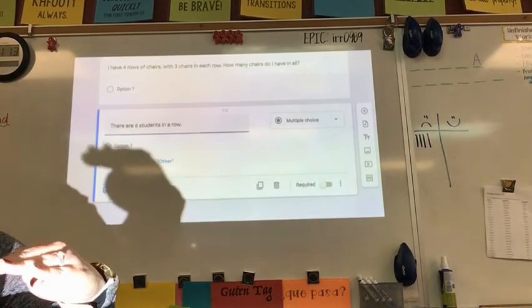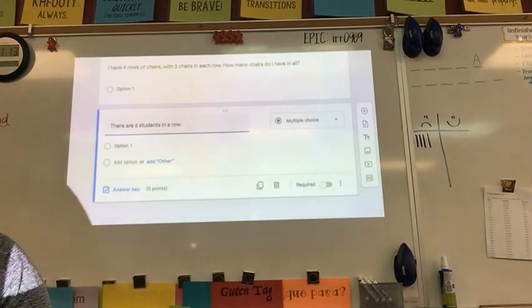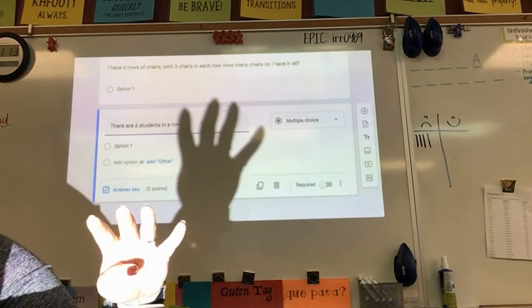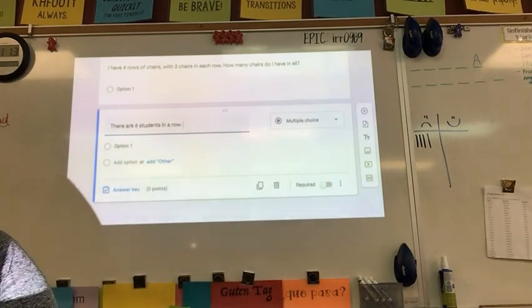So if there's 6 in a row, you can tell me how many rows, because if there's 6 in a row, then that's telling me the number of columns, right? Because they line up. How many rows of students, what do you want?